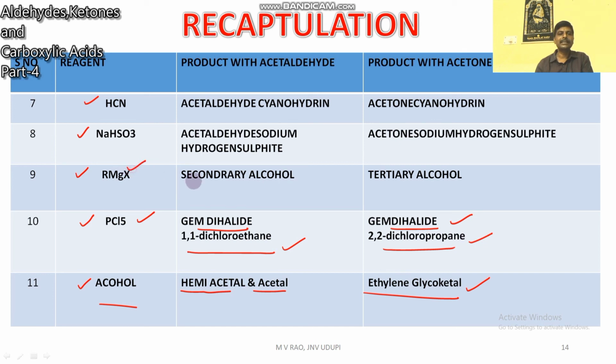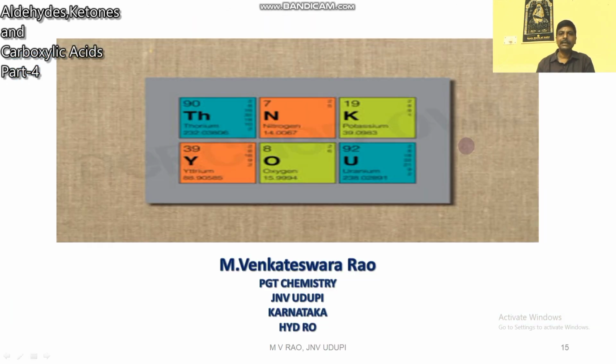With Grignard reagent, aldehydes give secondary alcohol, ketones give tertiary. With HCN, cyanohydrin. This is sodium hydrogen sulfite. So in the next class, I will explain various types of reduction and oxidation reactions of carbonyl compounds. Okay, thank you.